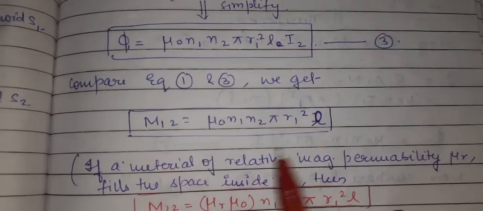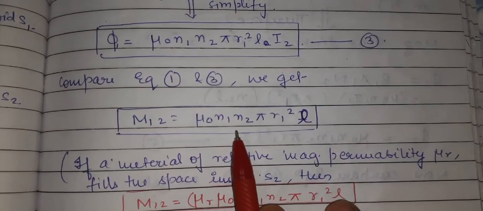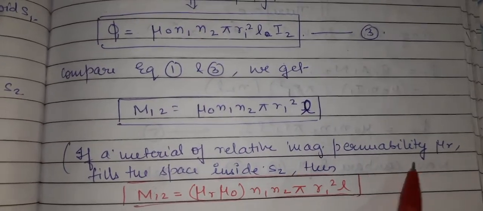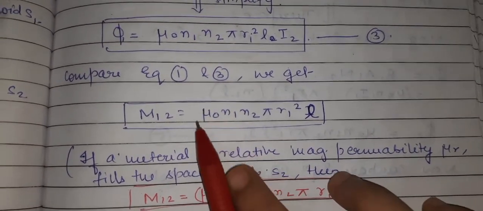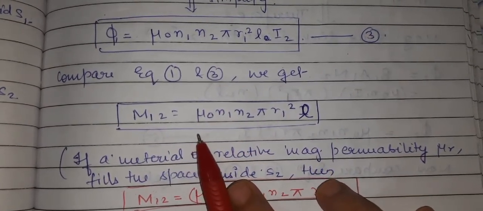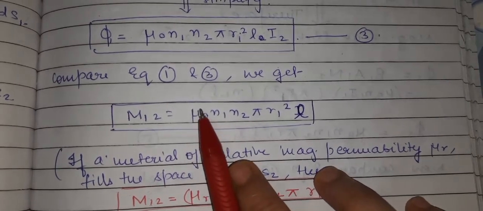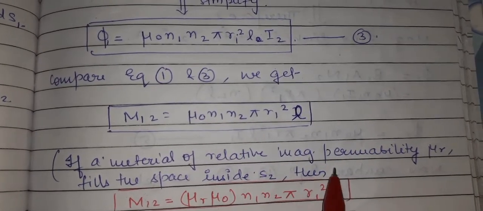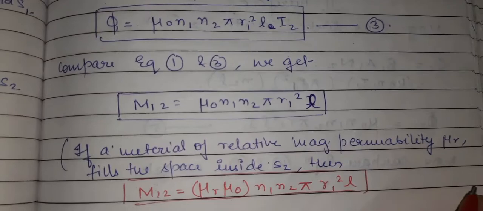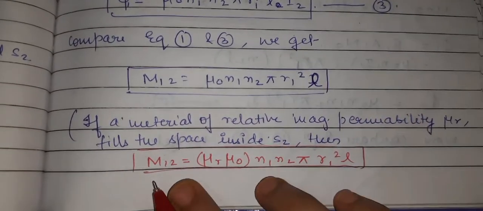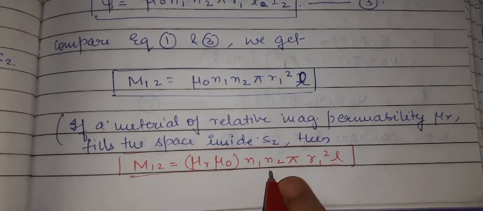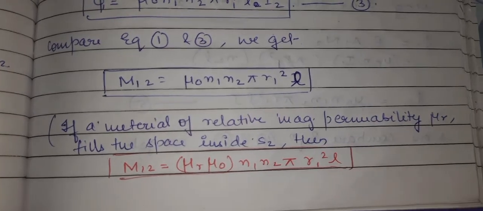The mutual inductance M12 is equal to mu naught N1 N2 pi R1 square into L. If we talk about relative permeability, since this formula is valid when there is no material inserted, means when there is air or vacuum, if a material is inserted in the space, then in place of mu naught the relative permeability concept will come, and finally the formula will look like this: M12 is equal to mu r mu naught multiplied by N1 N2 pi R1 square into L.